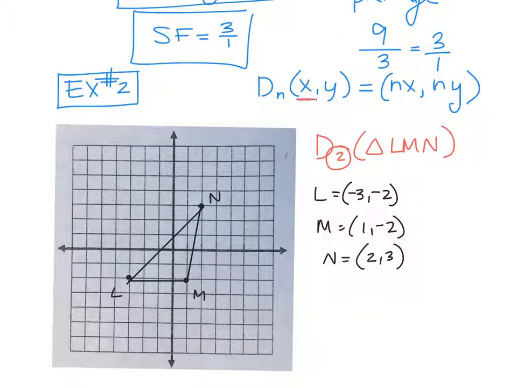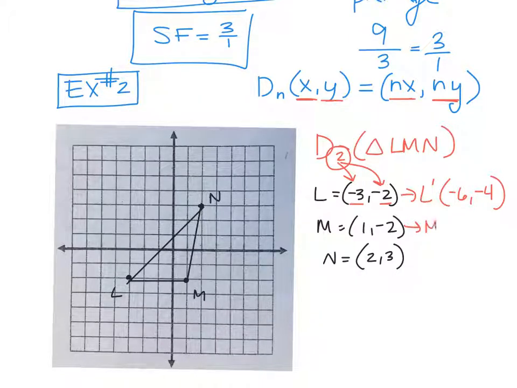So if you look up here, we said we just take the scale factor and we multiply it by our x and by our y. So that means that L prime would be what? -6, -4, right? We're just going to take this -3 and -2 and multiply it by 2. So it's going to be -6, -4. Okay, that's L prime.